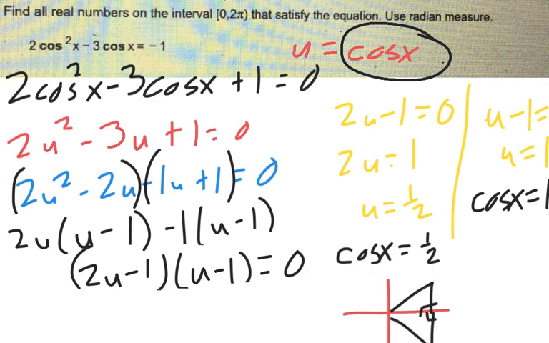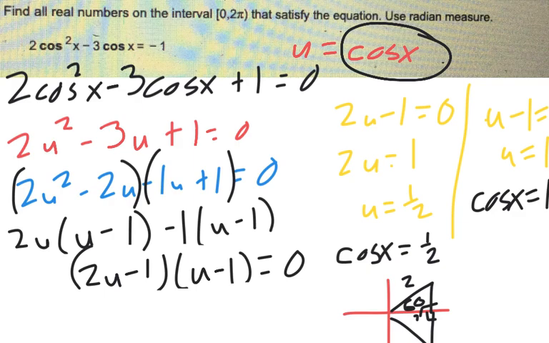And cosine is the adjacent over the hypotenuse. So the adjacent side is 1, the hypotenuse is 2, which means my reference angle here would have to be a 60-degree angle for both of those triangles.